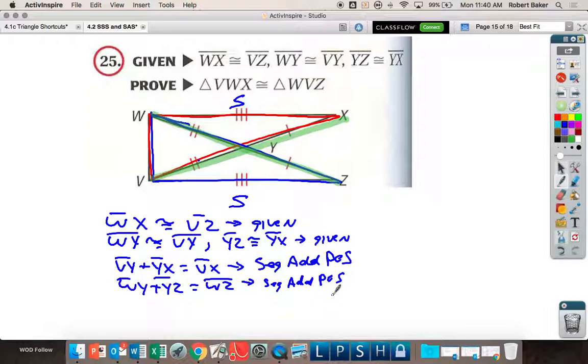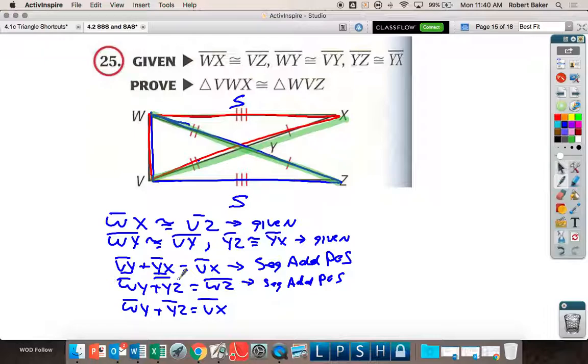VX. Are you ready for this? Now I'm going to say that WY plus YZ equals VX. Substitution. I'm going to take these out and put these in because they are already listed as congruent.